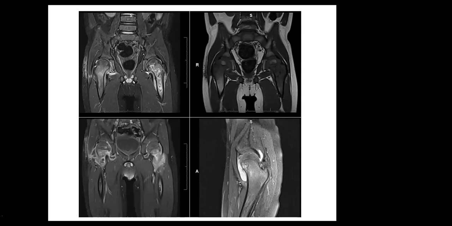There is no obvious cloaca. So I finish my findings.